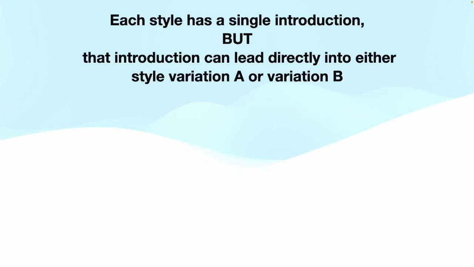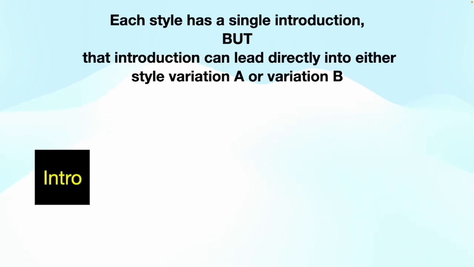Each style has a single introduction, but that introduction can lead directly into either style variation A or style variation B. Let me draw you a little diagram that explains this. So every style has one and only one musical introduction.